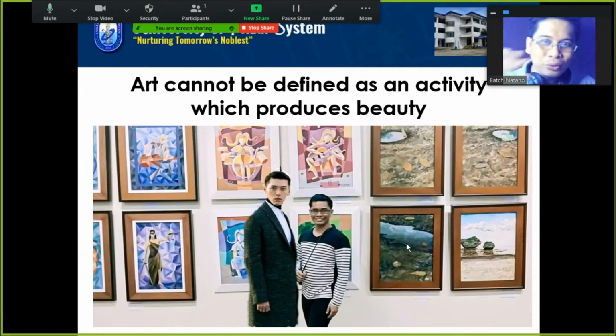But if you're going to zoom in on these photos, on these images, makikita natin yung messages. Tanggalin natin yung estilo, yung cubism, tanggalin natin yung estilo, yung pagiging realism. Okay, tanggalin natin yan.